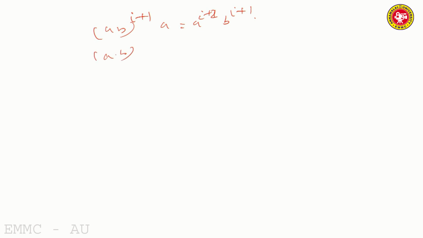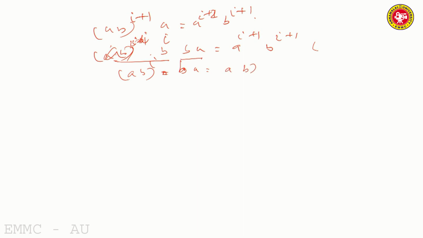Then we have (a·b)^i·(ab)^(i+1) = a^(i+1), so a^i·b^i·ba = a^(i+1)·b^(i+1). By the left cancellation law and right cancellation law, we have this one: (ab)^i·ba = a^i·b^i = (ab)^i·ab.